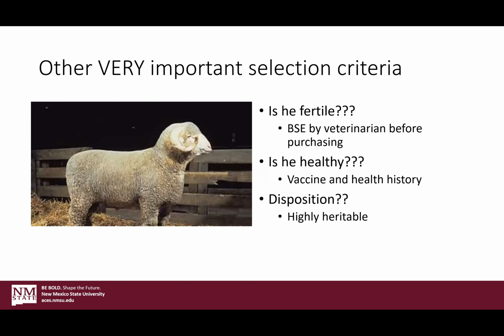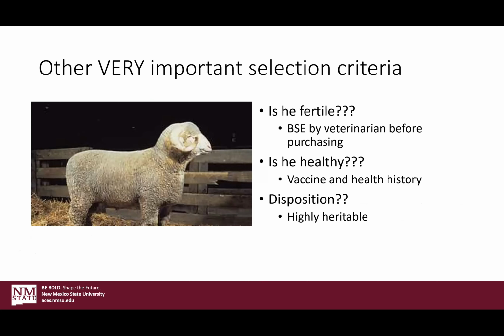So the basics to consider, and one I think people miss a lot, is they assume he's fertile. On the beef side of things, that's a standard veterinary procedure. When you buy a bull, you need to make sure he's fertility tested. When you own bulls, you get them fertility tested every year.